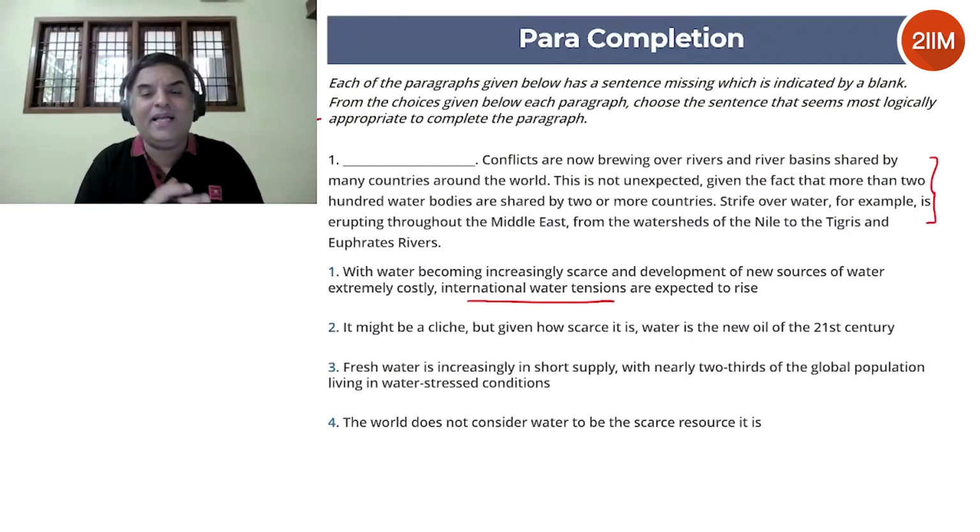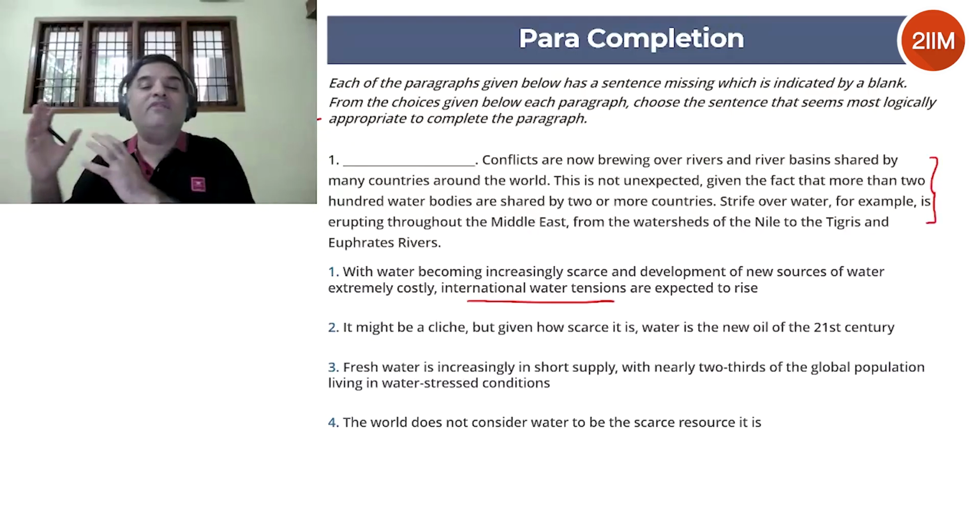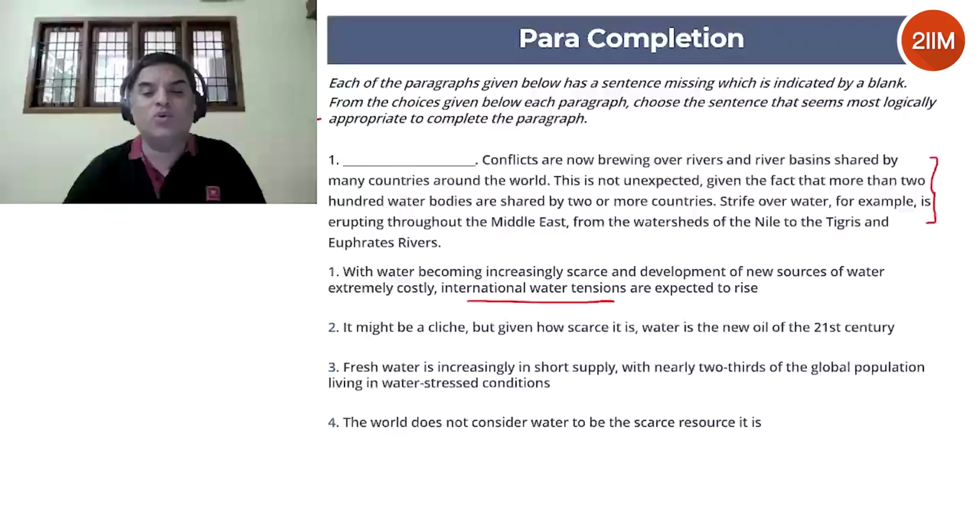Try plugging this in: with water becoming increasingly scarce and development of new sources of water extremely costly, international water tensions are expected to rise. Conflicts are now brewing over rivers and river basins shared by many countries. This is not unexpected, given the fact that more than 200 water bodies are shared. The flow seems absolutely fine. It is also related. We will park this.